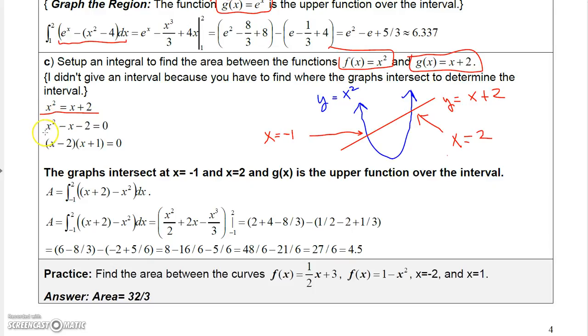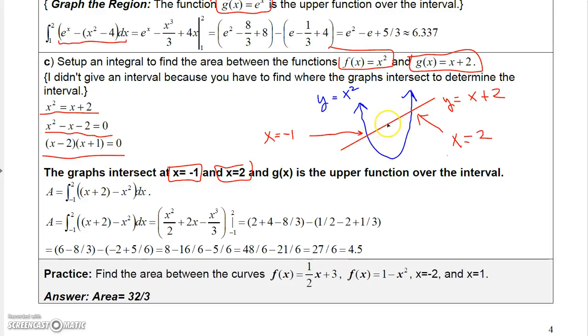So x squared equals x plus 2 gives me x squared minus x minus 2 equals 0, which factors into x minus 2 times x plus 1. Setting that equal to 0, I find that x equals negative 1 and x equals 2 are the x values where these two functions intersect. So this point has to be x equals negative 1 and this point has to be x equals 2.